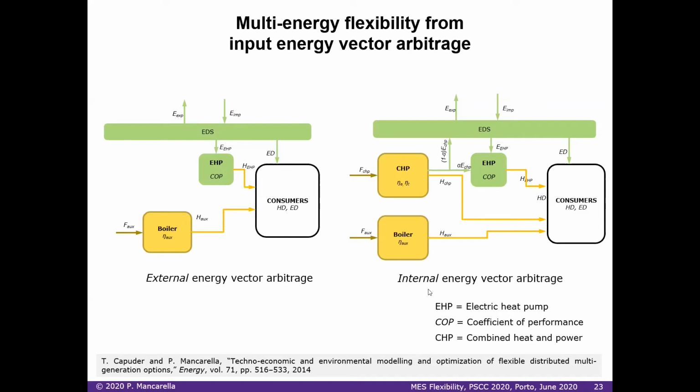This is the example of internal energy vector arbitrage, where effectively I have now multiple ways of providing heat by CHP, by heat pump, by boiler, and I can also use potentially different parts, because, for example, I can decide to use some of this electricity to be supplied to the heat pump to supply my heat demand, as opposed to having electricity going as an output to my electricity system.